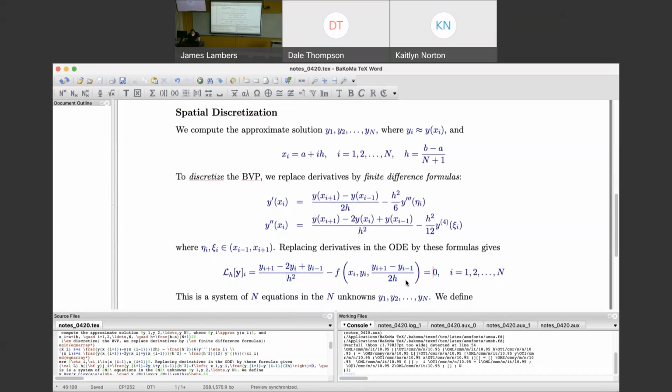So now it all boils down to solving this system of equations by whatever means. And how that would be done depends on whether the system of equations is linear or nonlinear, or based on whether the ODE is linear or nonlinear.